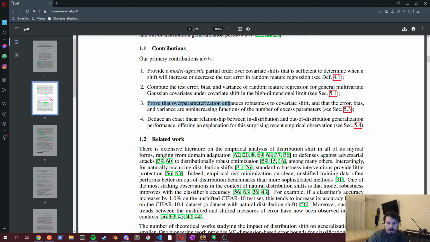Three, prove that overparameterization enhances robustness to covariate shift, and that this error, bias, and variance are non-increasing functions of the number of excess parameters, and deduce an exact linear relationship between in-distribution and out-of-distribution generalization performance, offering an explanation for this surprising recent empirical observation.